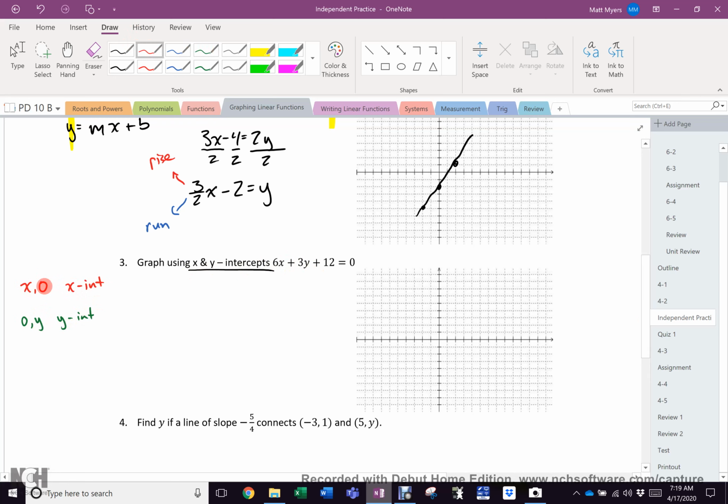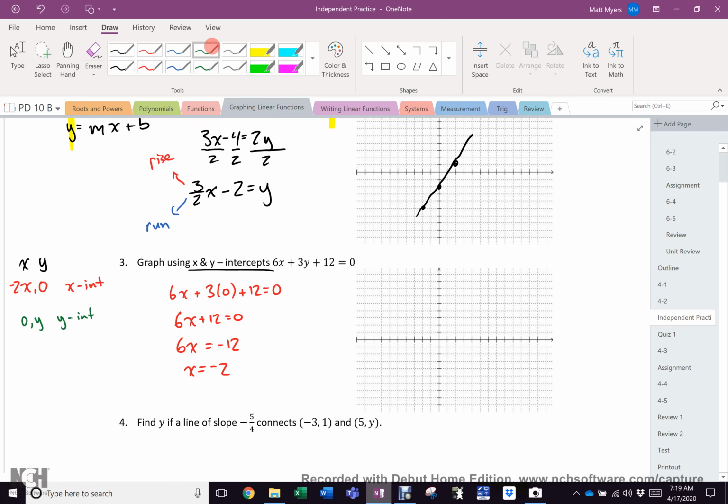So in this one, for my x-intercept, y is 0. 6x plus 3 times 0 plus 12 equals 0. 6x plus 12 equals 0. 6x equals negative 12. x equals negative 2. Negative 2, 0.